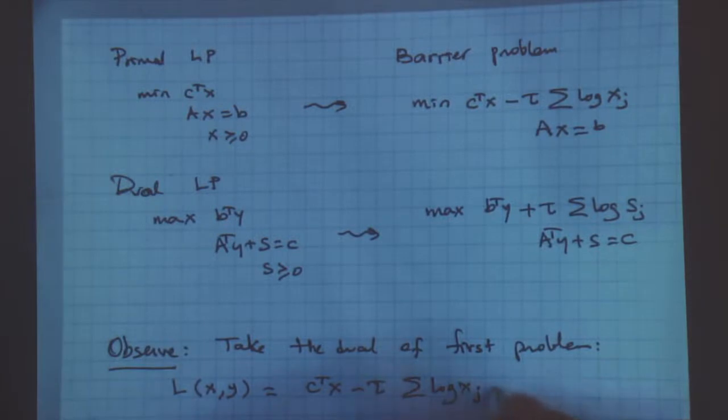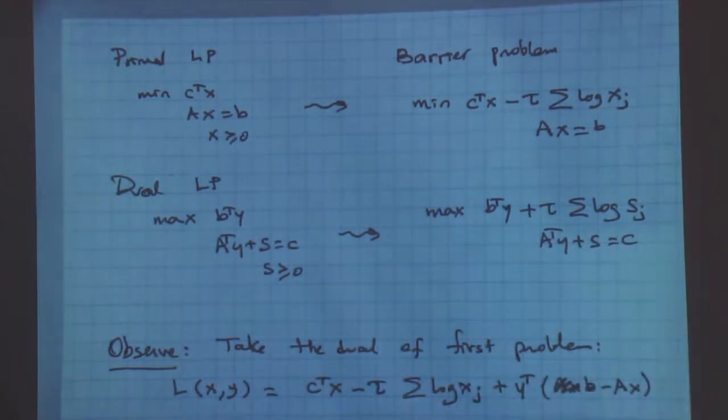And then we take y transpose times (b minus Ax), okay? b minus Ax, right. Yeah, let me write it down like this, b minus Ax. All right? So that's the Lagrangian.